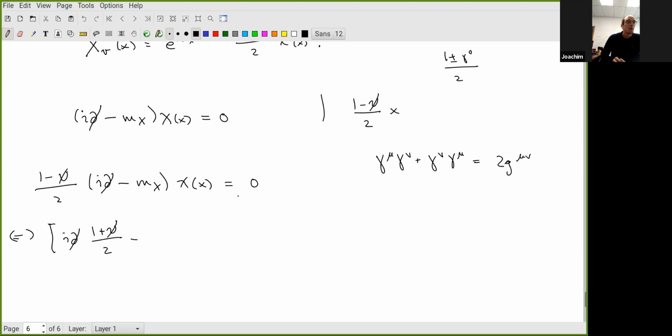Here's a 1 over 2, and there's a 2 from this relation, so we get minus i v dot d. Then this mass piece is just a scalar, so we can just move it past: m_chi times (1 minus v slash)/2, again acting on chi of x equals 0.